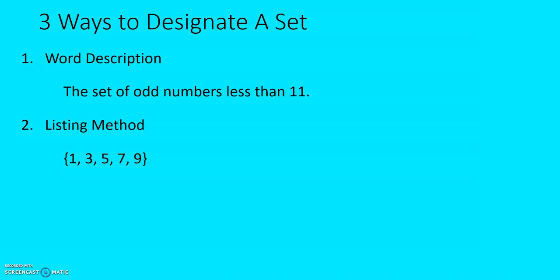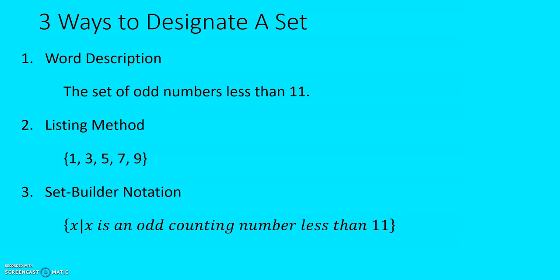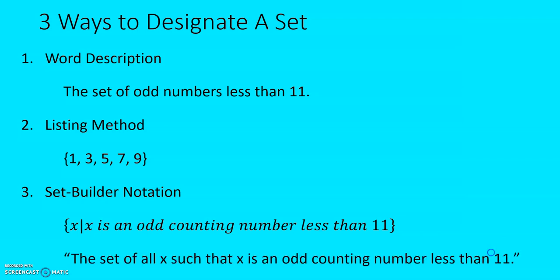The third way is set builder notation: the set of x such that x is an odd counting number less than 11. The words that go along with those symbols are: the set of all x such that x is an odd counting number less than 11.